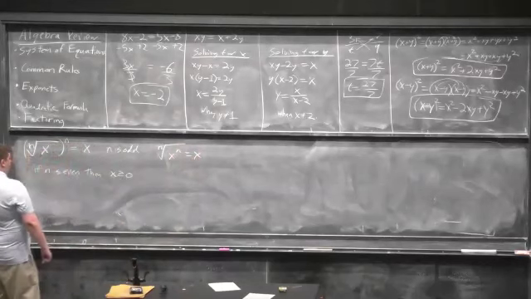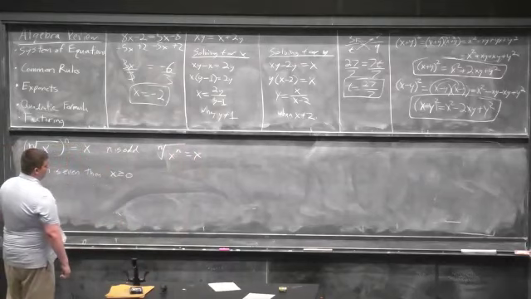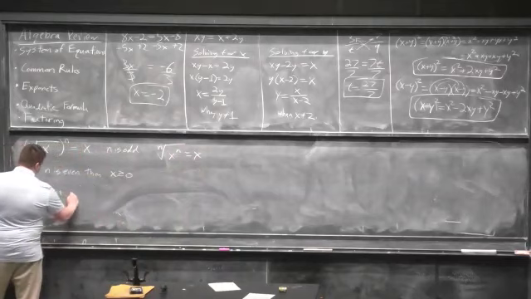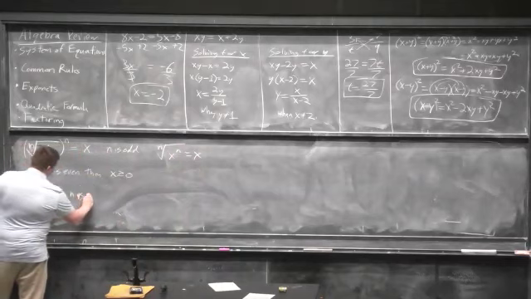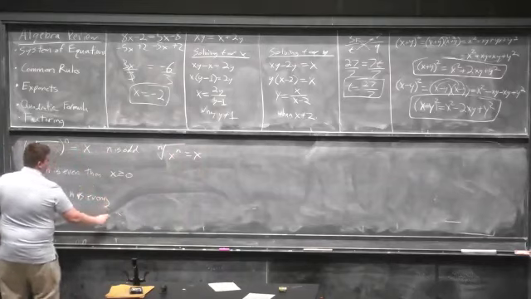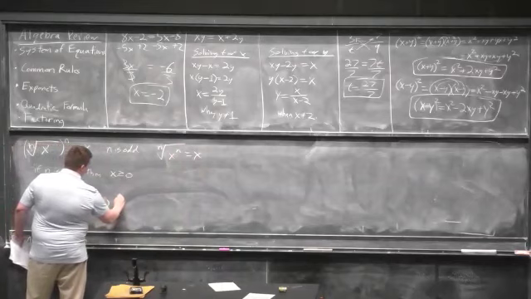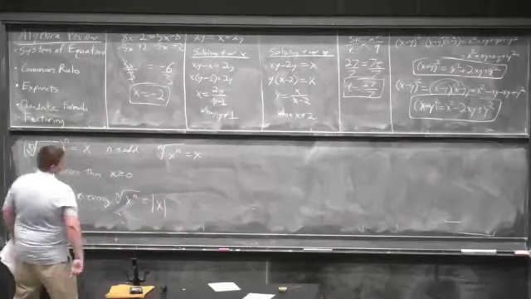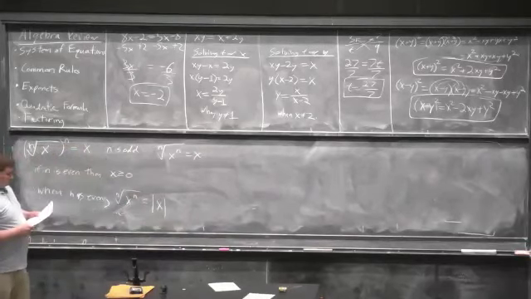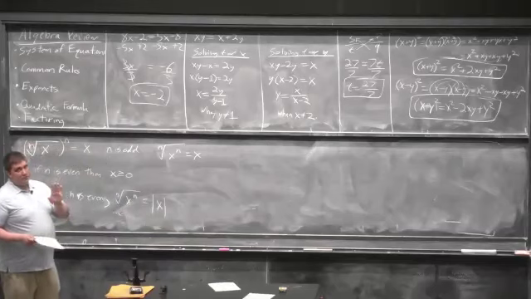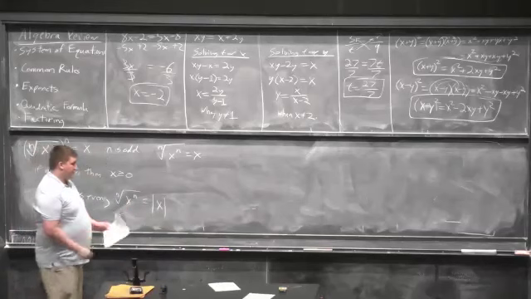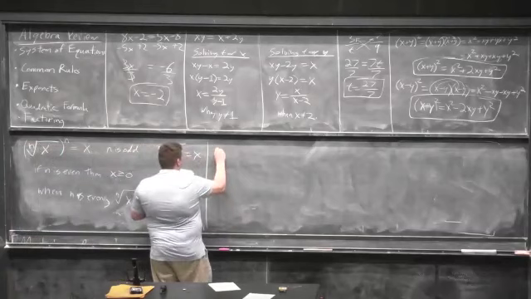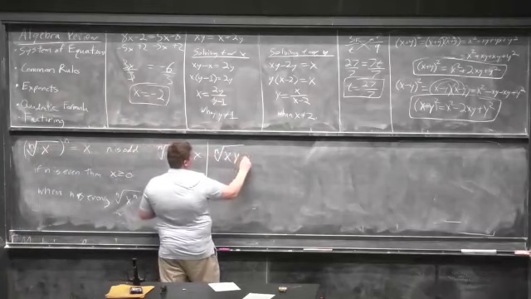However, when n is even, we have the nth root of x to the n is equal to the absolute value of x. This is a technicality. As you work with it, you become more comfortable with it. Okay.